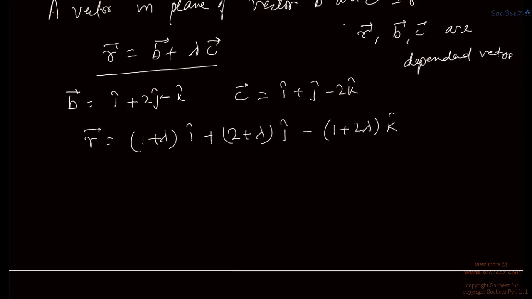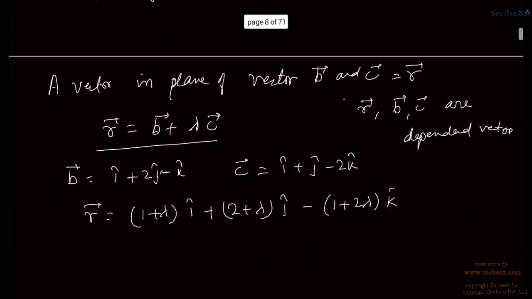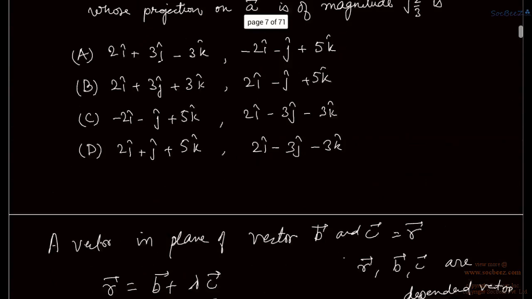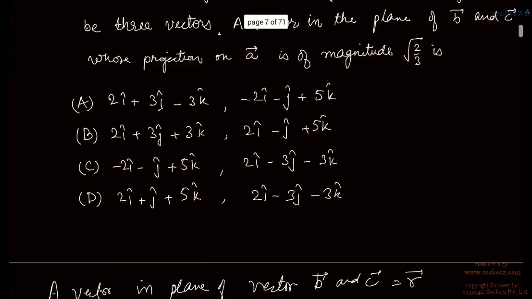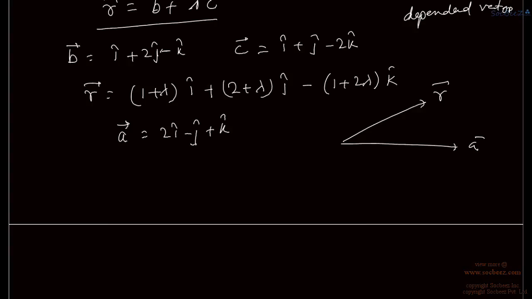Now the projection of vector R on vector A is of length root 2 by 3. So we have the projection of vector, let us write what is vector A. Vector A is 2i minus j plus k. So we have a projection of vector R on A. Say this is vector R, this is vector A. So its projection is this length, that is, say this angle is theta, then R cos theta.